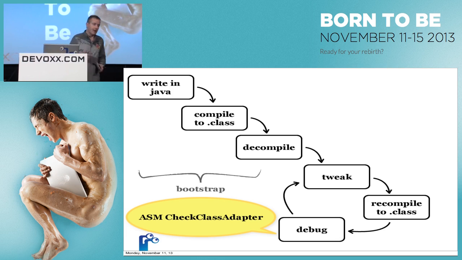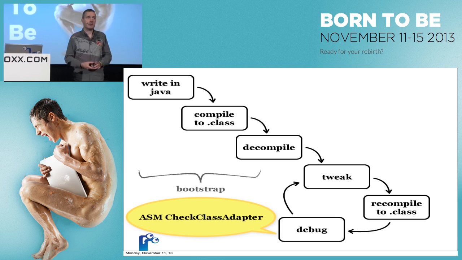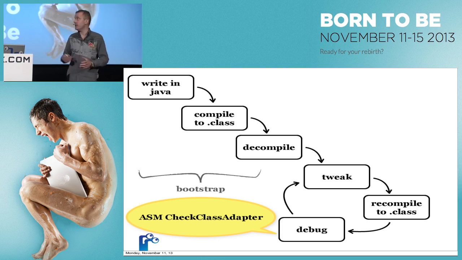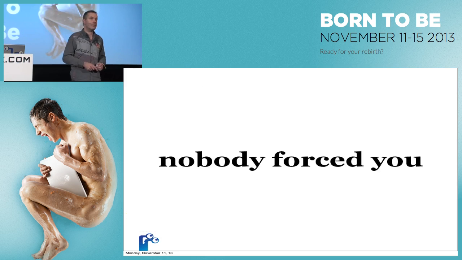And on the debug part, well, you don't have a lot of tools. You've got the verifier, and obviously println is your friend. And you should check out, hopefully better than me, the ASM class adapter. And when you're stuck, remember this. Thank you for your time.